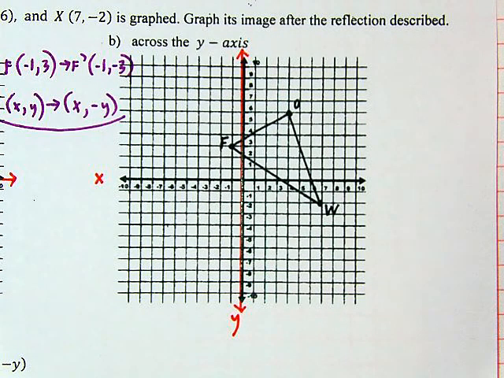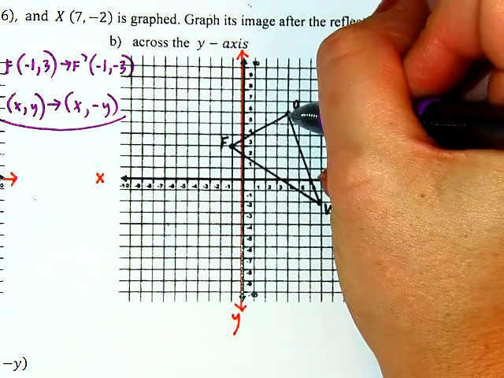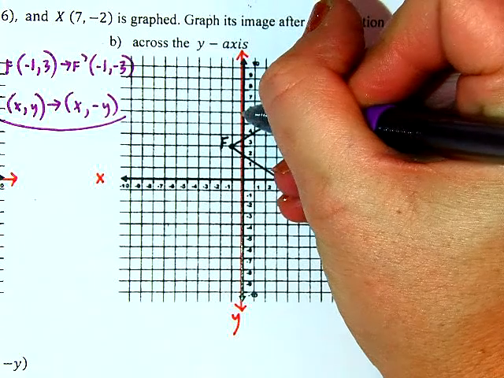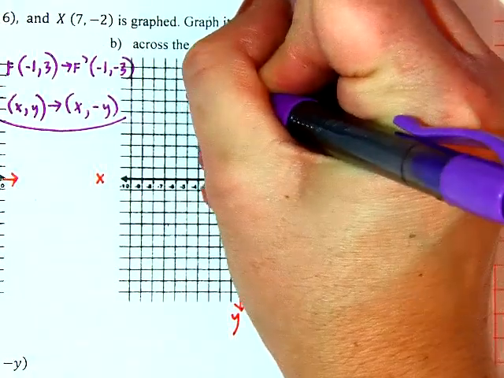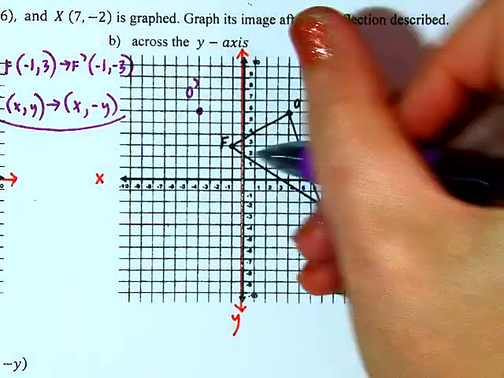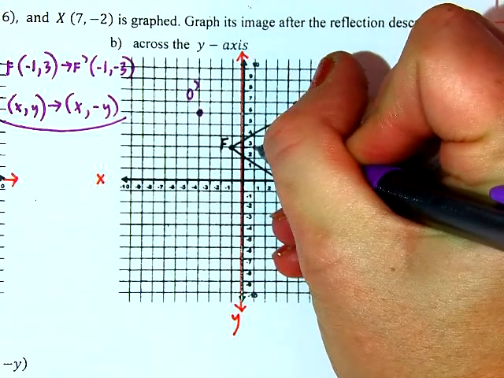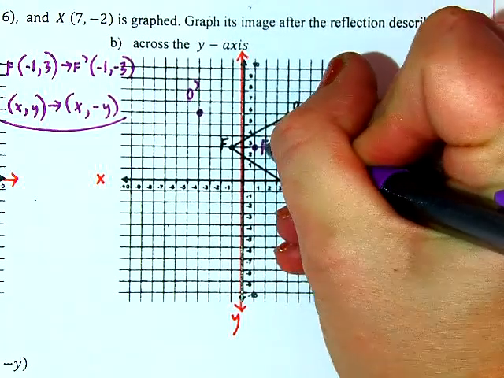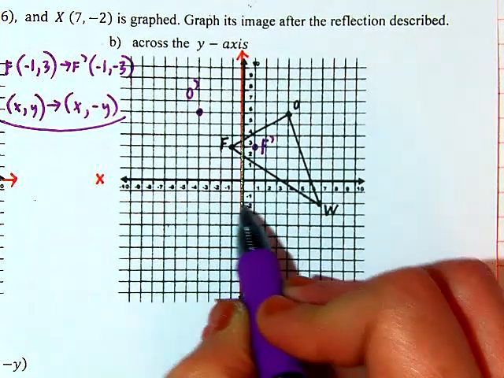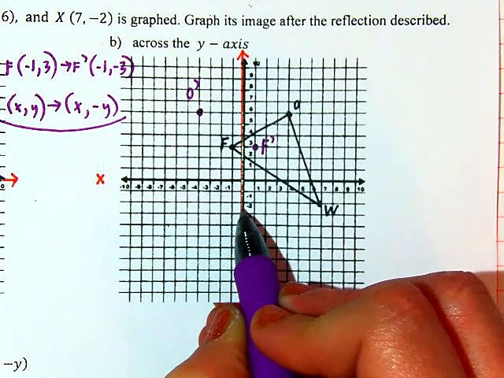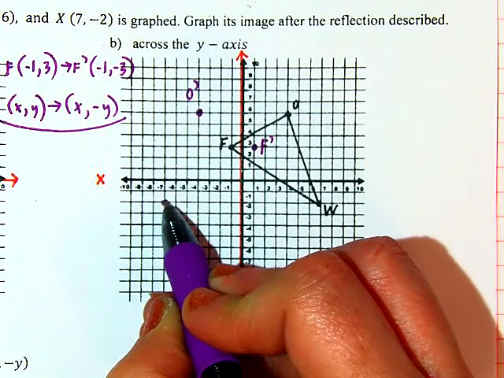So I'm going to count my O first. O, we are 4 away from the line, so I need to be 4 away in the opposite direction. So here's my O prime. F, we're 1 away from the line, so 1 opposite. Here's my F prime. Okay, W is 7 away from the line, so 7 away in the opposite direction puts me right here.